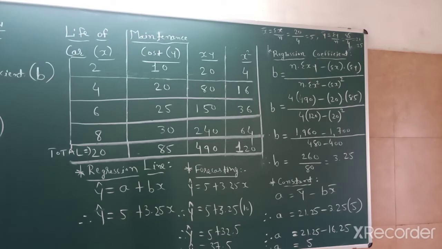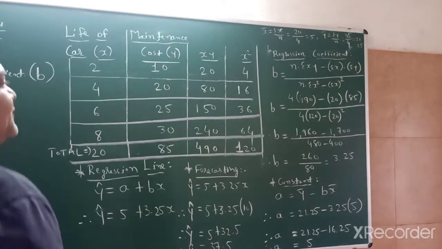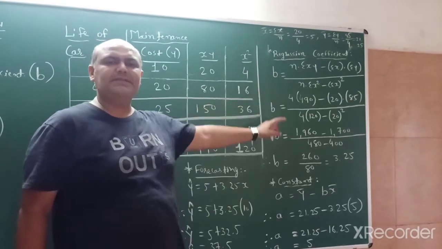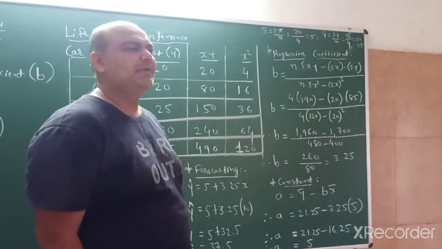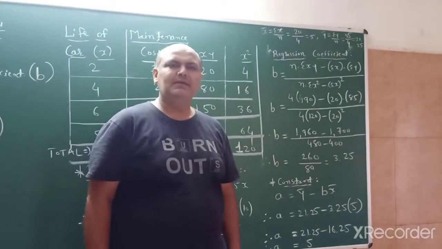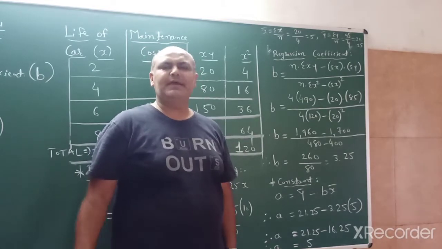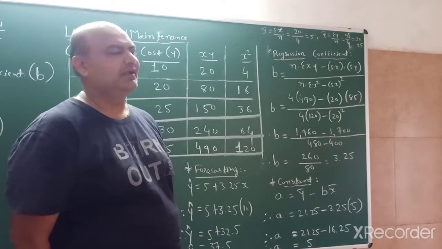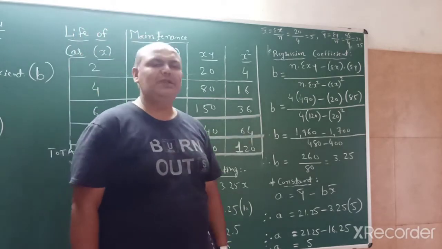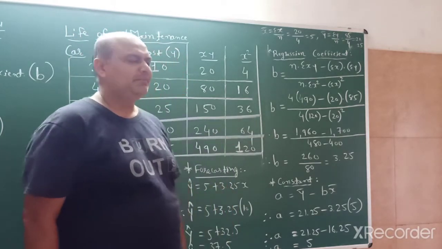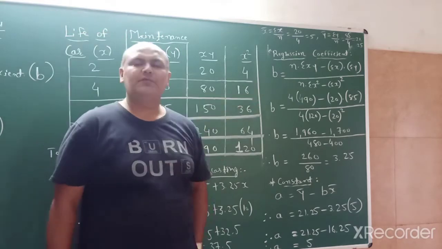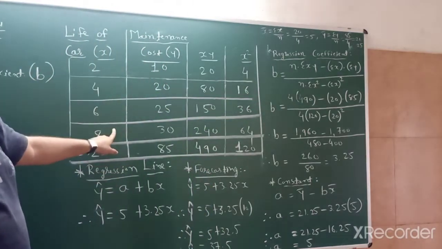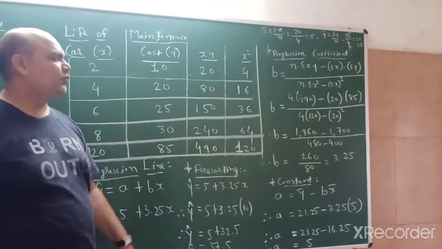The formula to find the regression coefficient is b is equal to n sigma xy minus sigma x into sigma y upon n sigma x square minus sigma x the whole square. Now we put the values into the formula. B is equal to n is 4. N means pairs. It is 1, 2, 3, 4. So n is equal to 4.